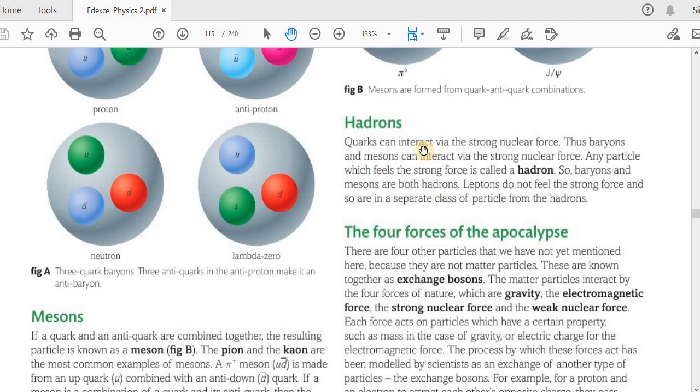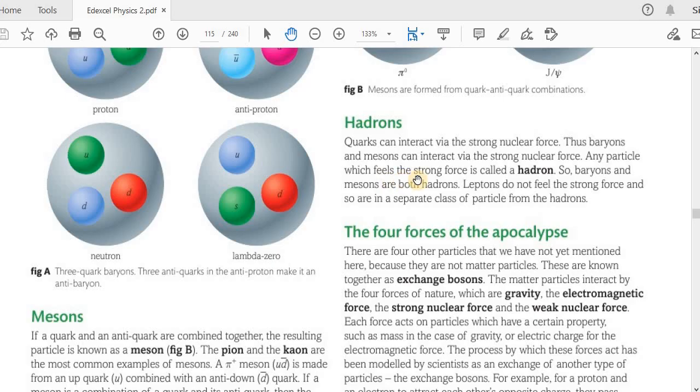Quarks can interact via the strong nuclear force. Remember, the strong nuclear force acts on quarks; it doesn't act on leptons. The weak nuclear force acts on both leptons and quarks. Thus, baryons and mesons can interact via the strong nuclear force.